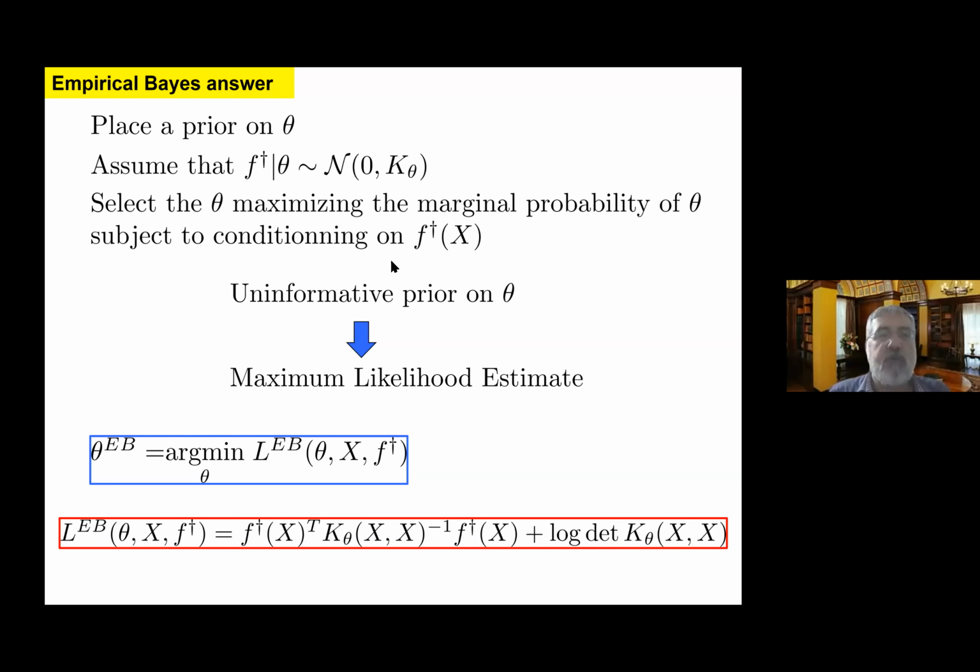And if we use an uninformative prior on theta, then the resulting estimate is a maximum likelihood estimate obtained by minimizing the following loss function with respect to the value of theta.